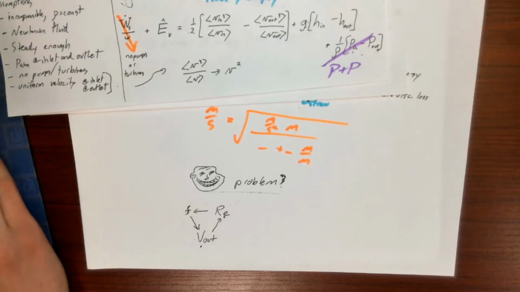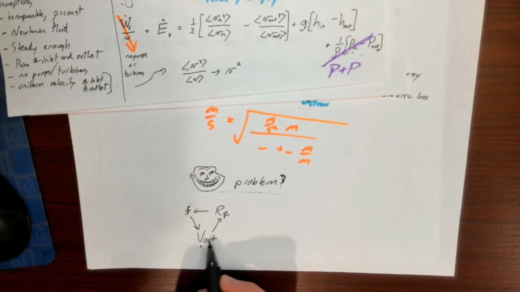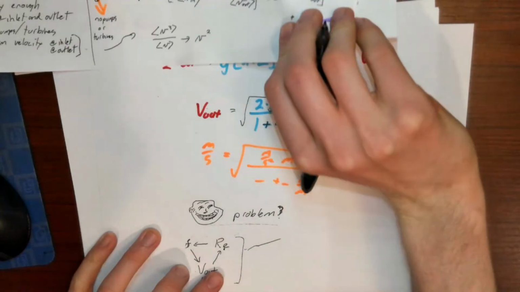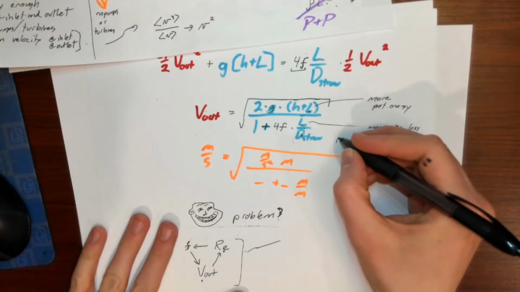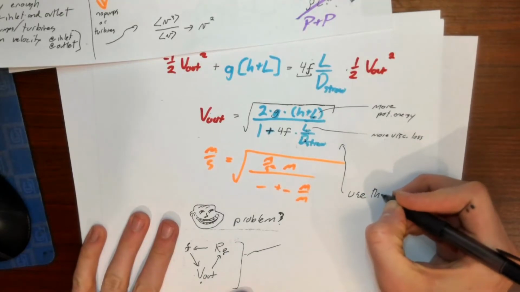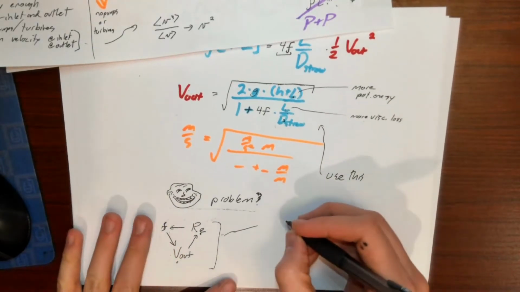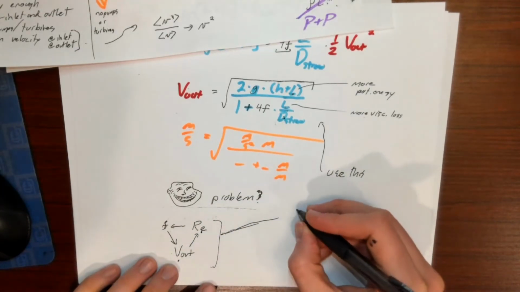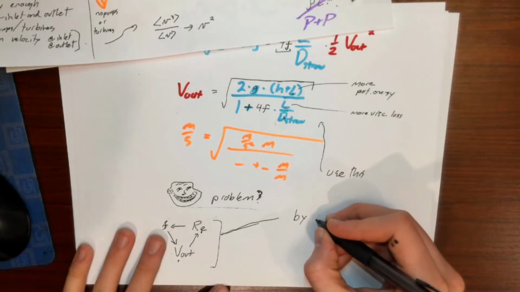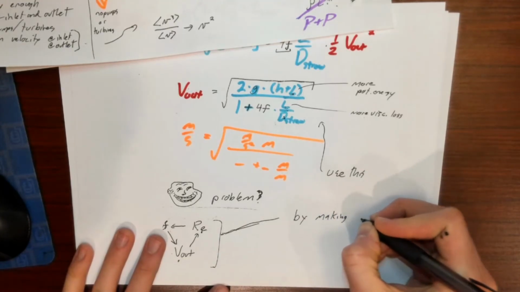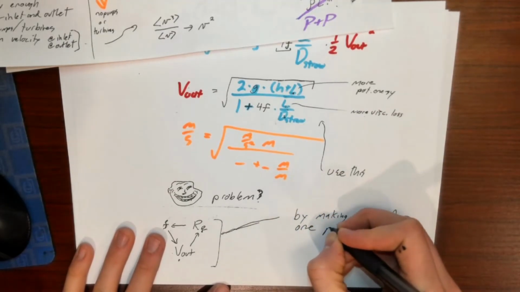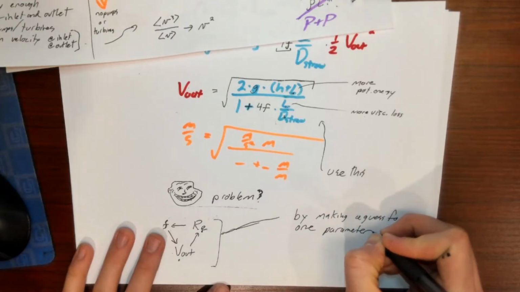Well, a lot of times you can just make an assumption about one of these. So our strategy, when we're stuck in a case like this, is to break the cycle by making a guess for one parameter.